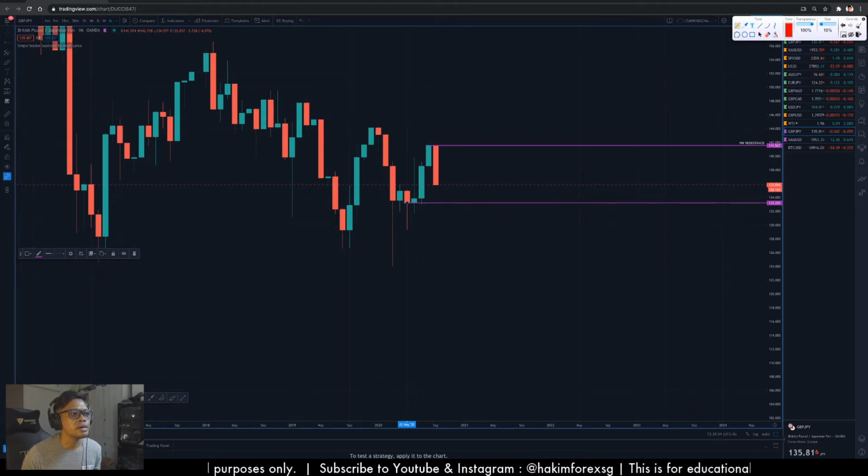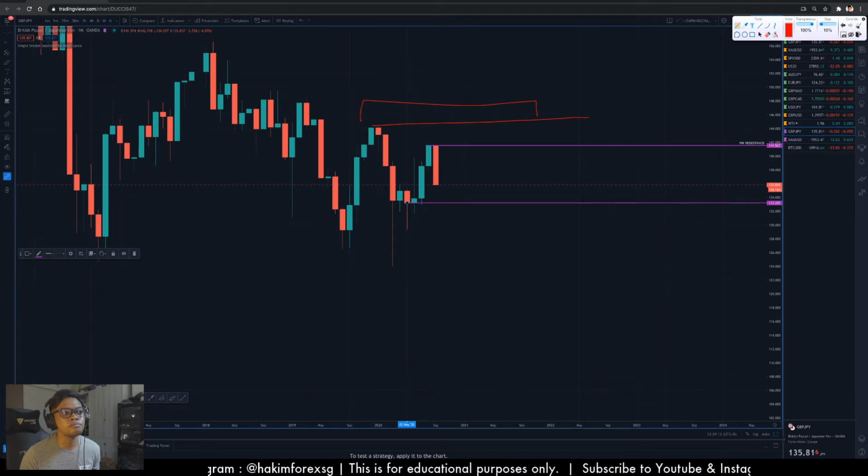So naturally by right it should go further up to test this zone here. So will it continue, now it's on the 18th, will it continue up above? Probably, to create a candle like that to test the zone here.